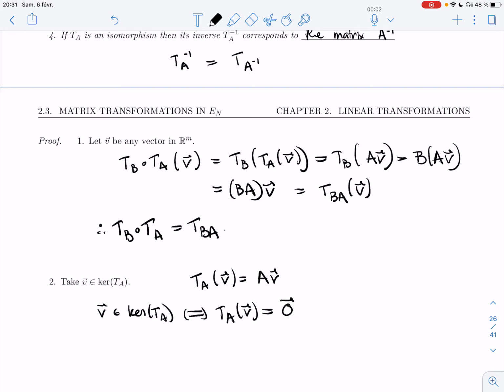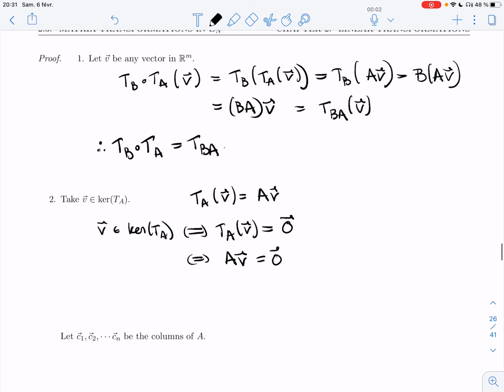Well, T_A of v is Av, so if and only if Av is 0, and that was exactly what the null space was. So the kernel and the null space have the same elements, which means that they're the same set.